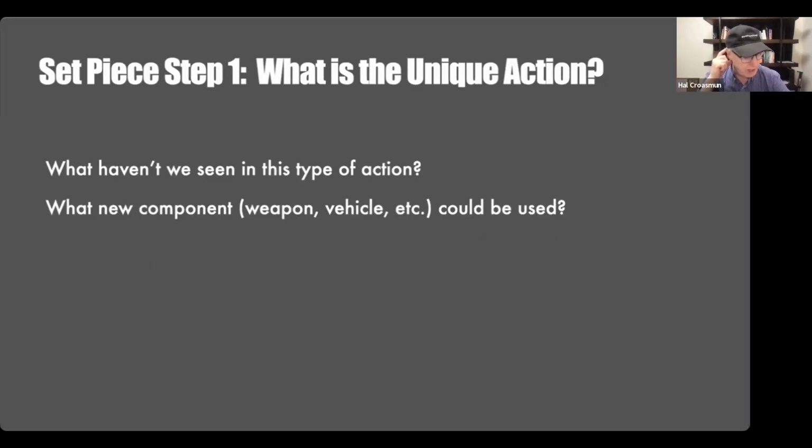If they're in a vehicle in a chase, is there something they could be chased in, or being chased by, that we haven't seen? If they're being chased by a bulldozer and they just happen to have gone into a secluded area with no way out, that might be the perfect vehicle to be chasing them. What haven't we seen again?